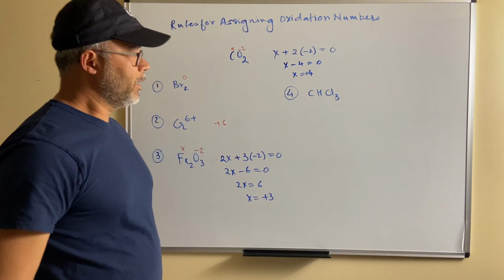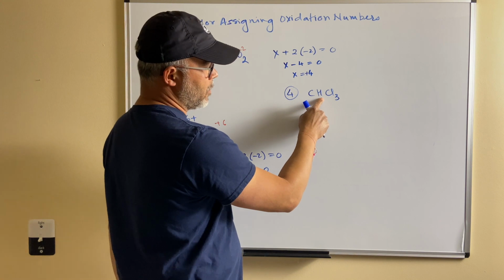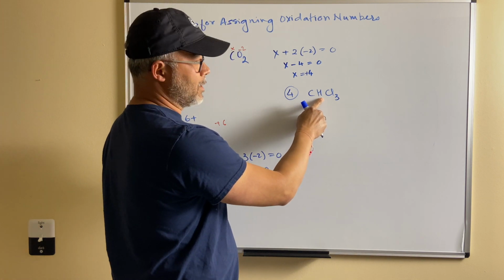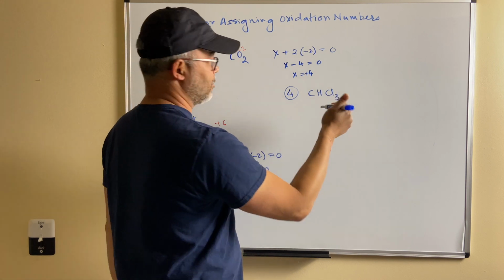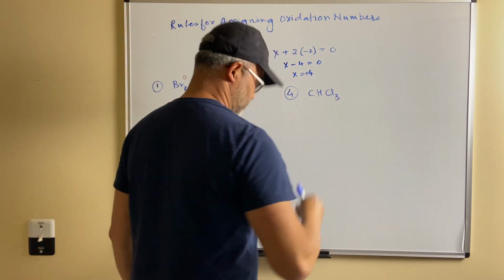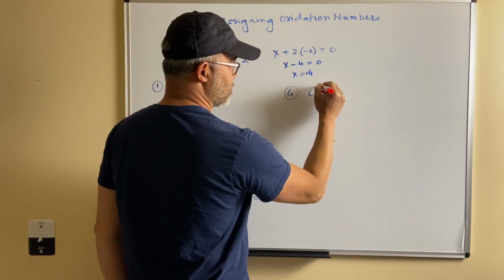CHCl3. Carbon is the one that we have no clue about. So let's assign hydrogen and chlorine from the rules we discussed. Each chlorine is -1 and each hydrogen is +1.